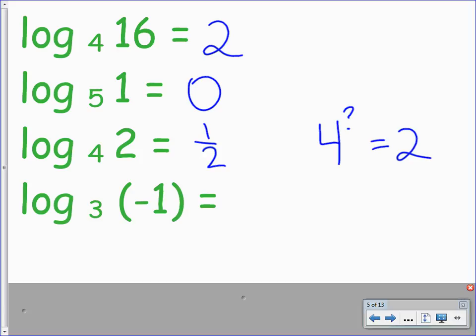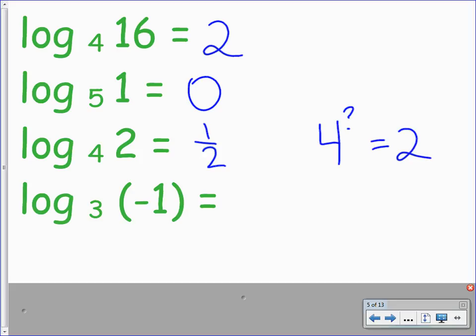Log base 3 of -1. You see some puzzled looks. Why? Let's think this through.